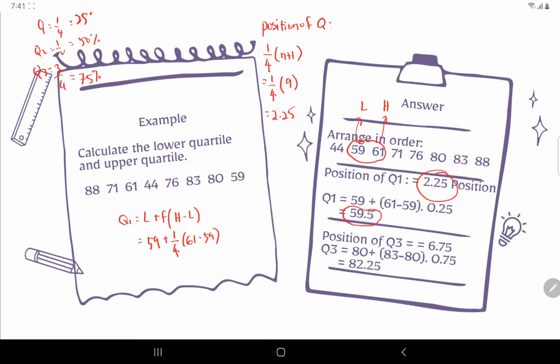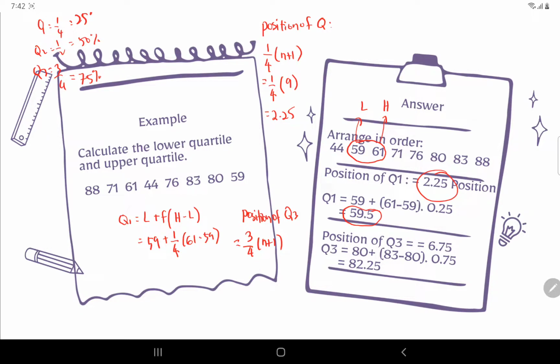And then to find the value of Q3, we need to find the position for Q3 first. So using the previous formula on the previous slide, the position of Q3 based on this formula.